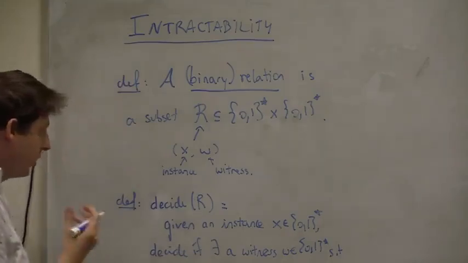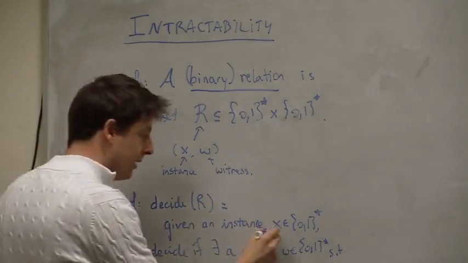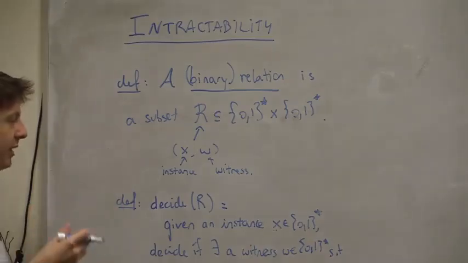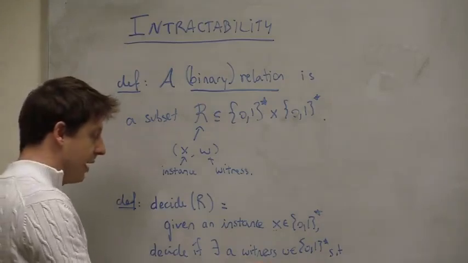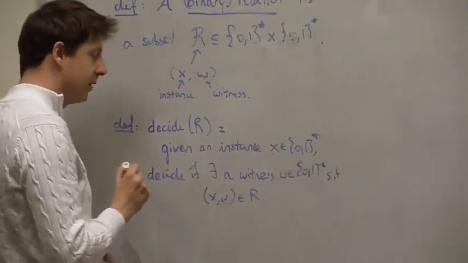So the input that you receive is x, and what you're asked to do is to output yes or no, depending upon whether or not there is a w such that the instance x that was received as input, comma w, is in the relation R.